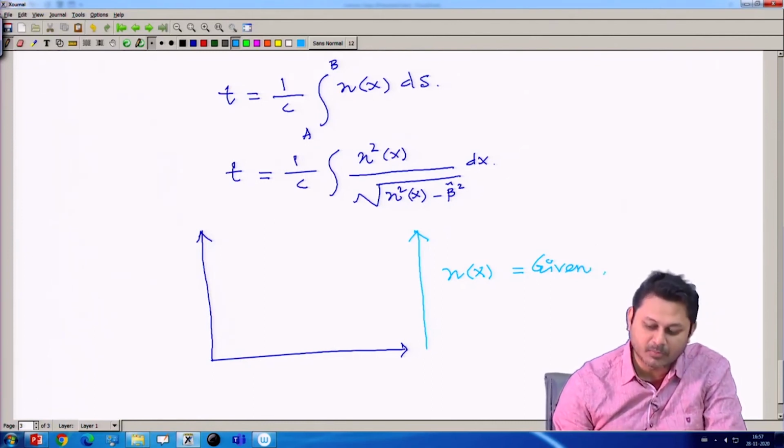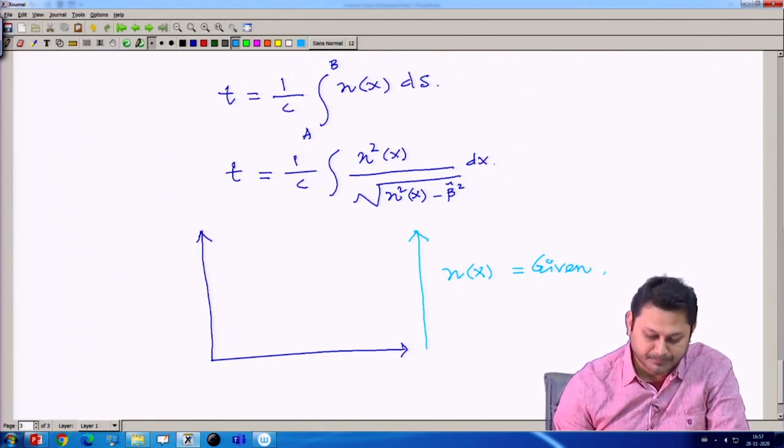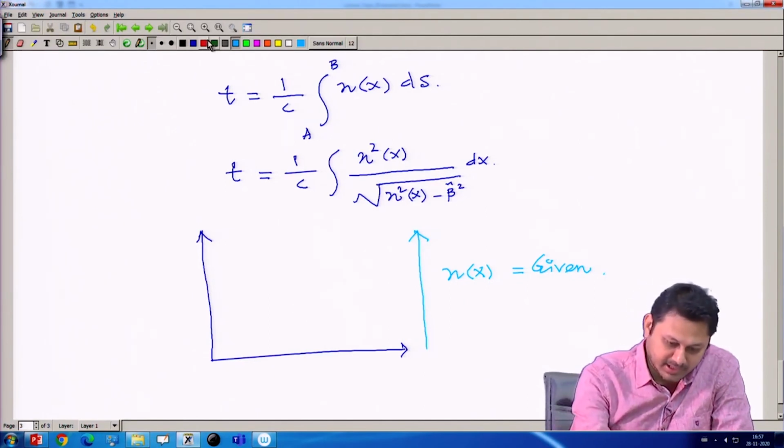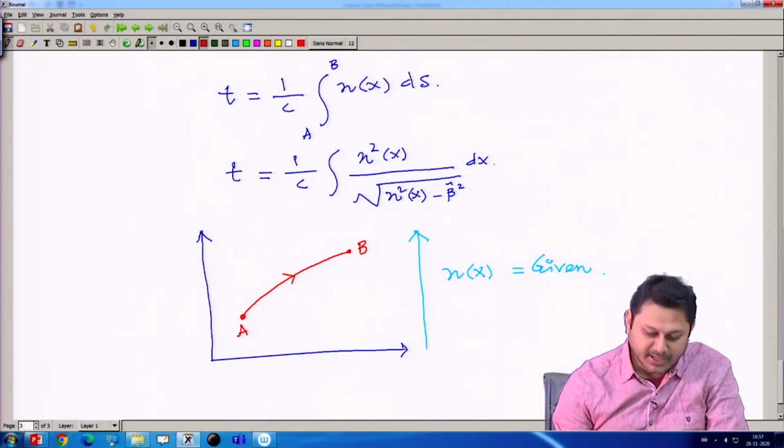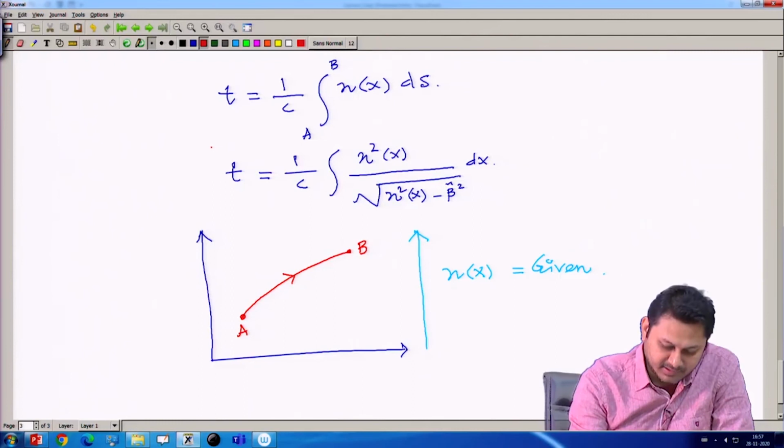The explicit form of n of x is given. The next thing one can ask is, can we calculate the time taken by the ray to go from the point A to B? And the answer is this.